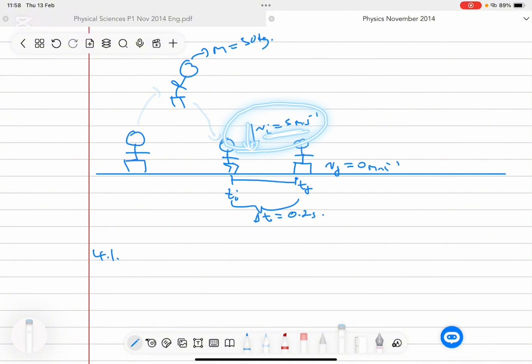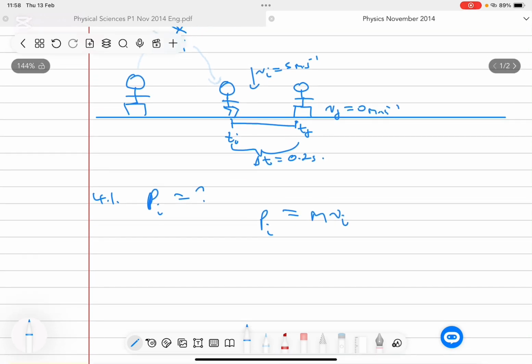It means we are looking for the initial momentum, because remember, the 5 meters per second is when this dancer reaches the ground. So we are looking for P initial. And we know from the definition of momentum that momentum is equal to the product of the mass times the velocity. In this case, Pi is equal to mvi, because it is the initial momentum, therefore it will depend on the initial velocity.